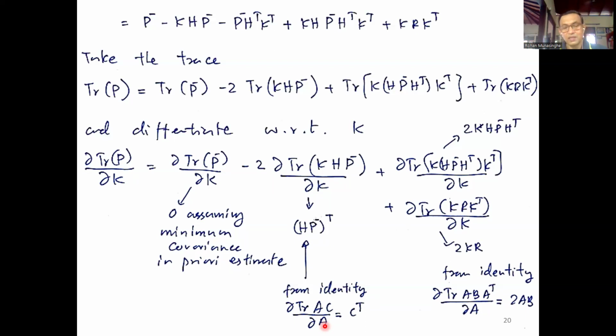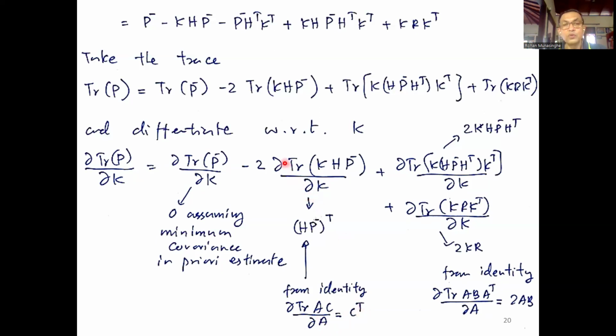So this is one of these identities. If you have A times C, and you get the trace, which is a scalar, the summation of the diagonal elements, and you differentiate with respect to the matrix A, the answer is C transpose.